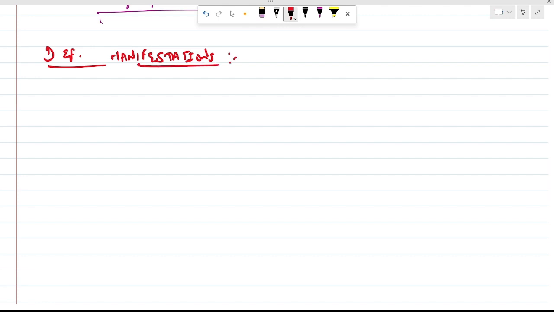So next we are going to see some deficiency manifestations. Vitamin K is involved in maturation of the clotting factors.